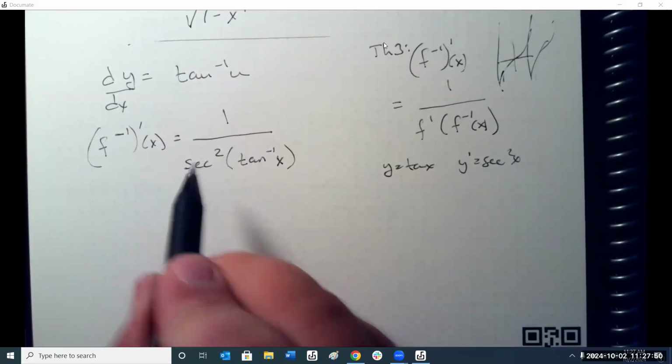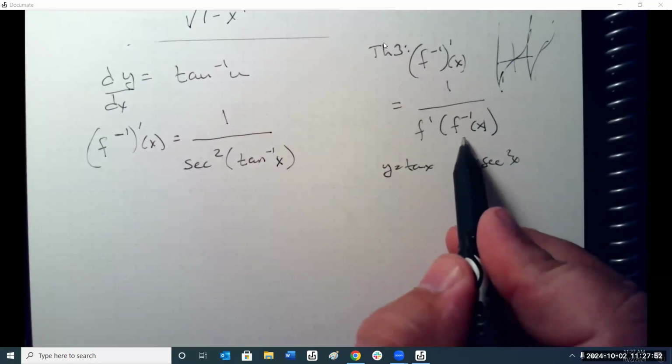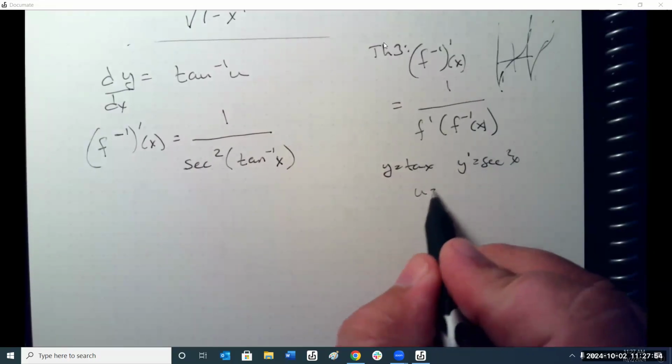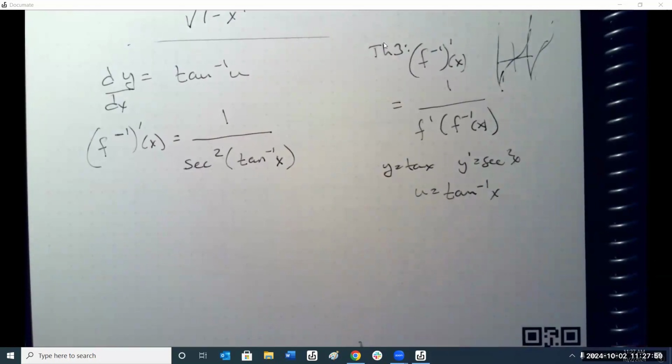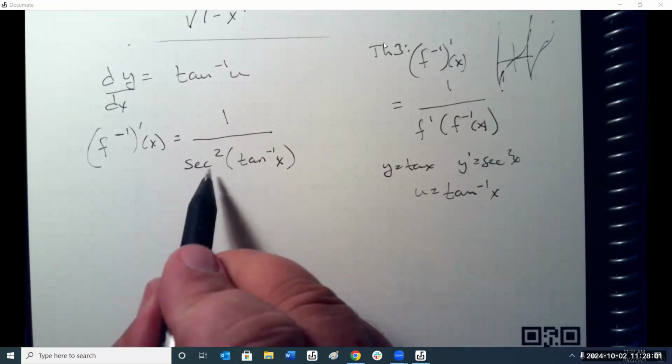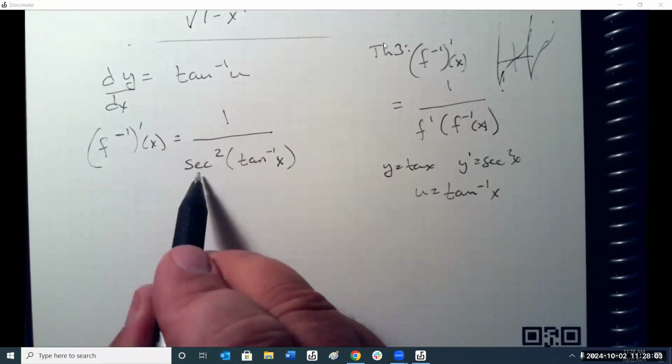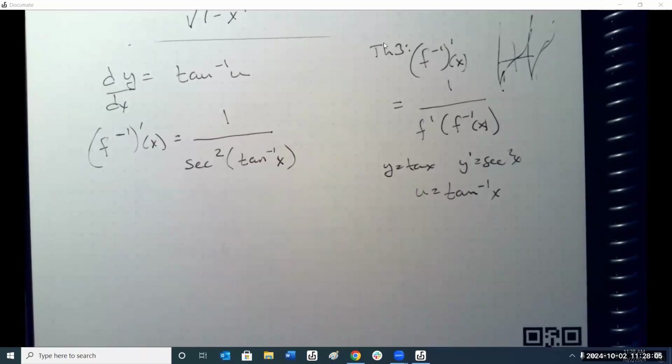Remember, this is our f of u. Our u is tangent inverse of x. So this is the derivative f prime of that.